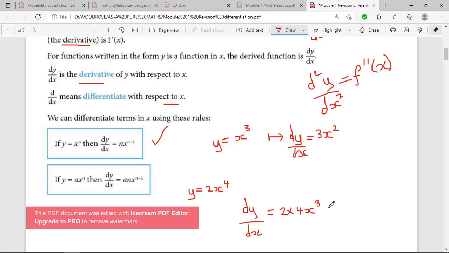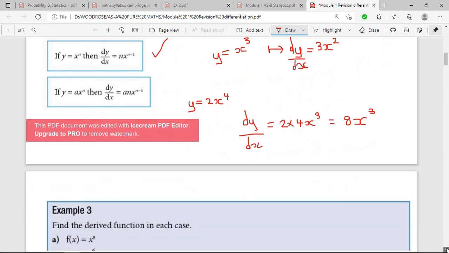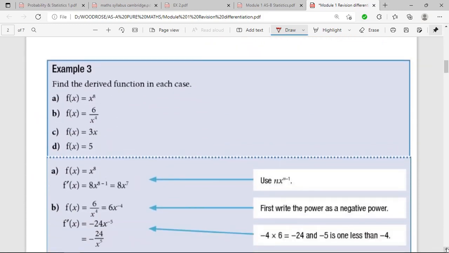You simplify further and you get 8x cubed. That will be your derivative. So this is the demonstration.